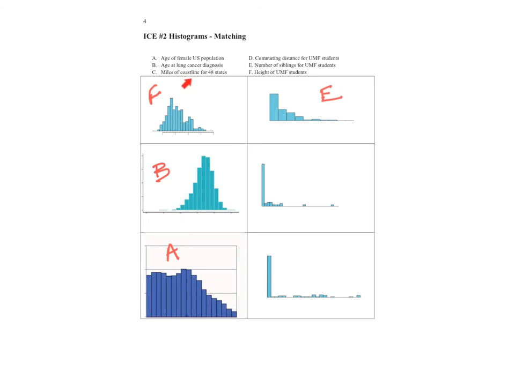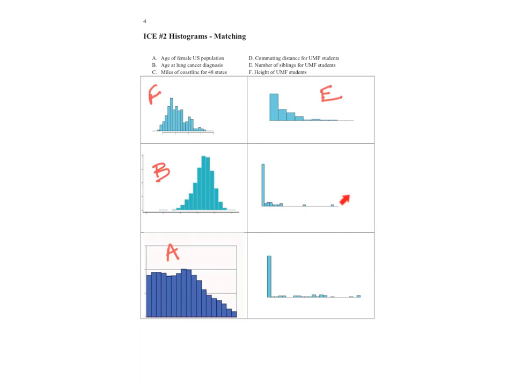So their coastline is 0. Okay, our commuting distance, we also have about half of our students that live on campus, and of the ones who don't live on campus, a lot of them live within a mile. So there's also a big peak, a big group that has 0 or 1. But some people commute from quite a distance.